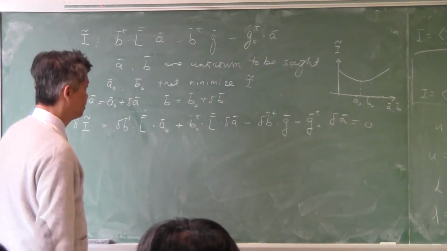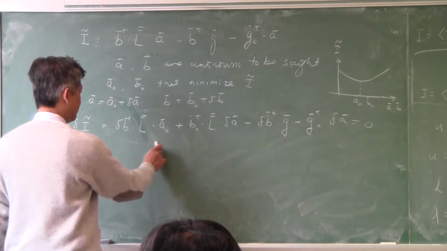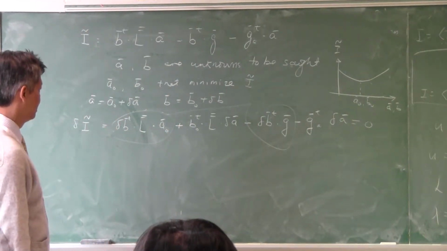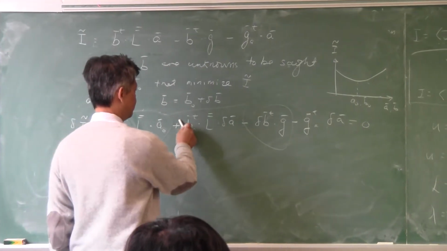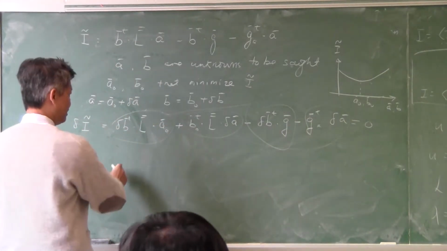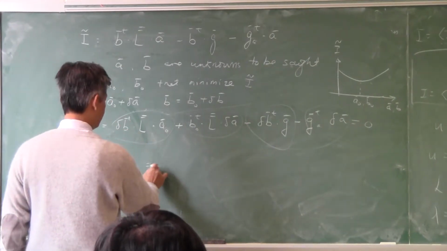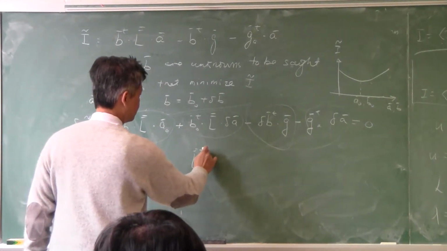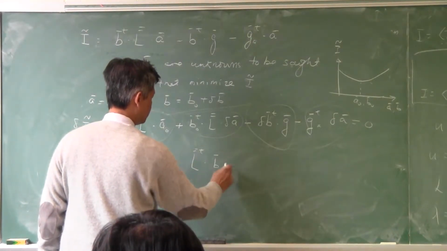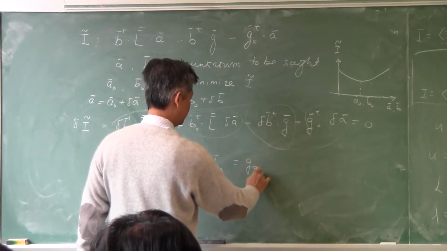So if this is to be 0, then you can see that these two terms must cancel each other, and that these two terms must cancel each other. Okay? So if that is the case, then LA naught must be equal to G, and then L transpose dot B naught must be GA.